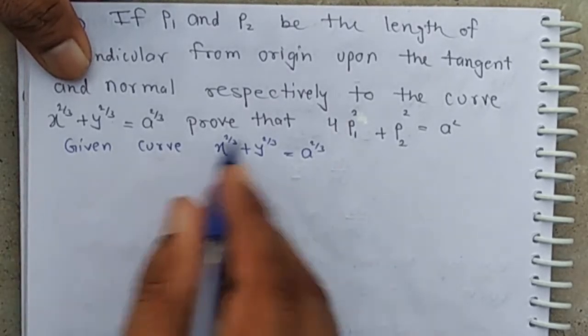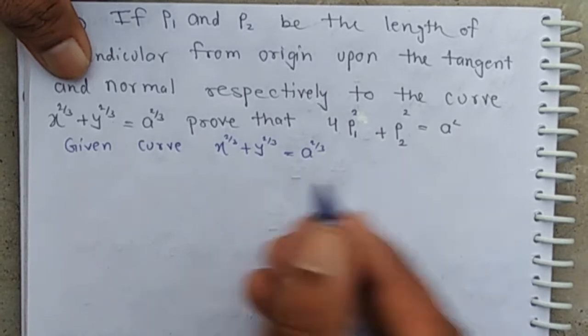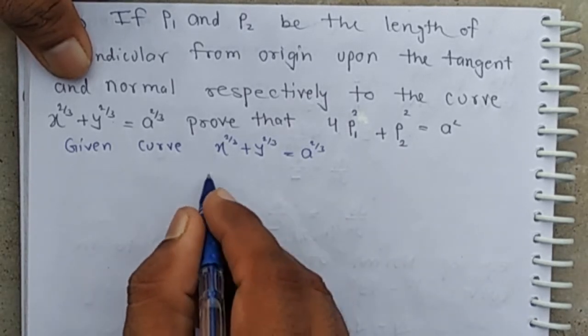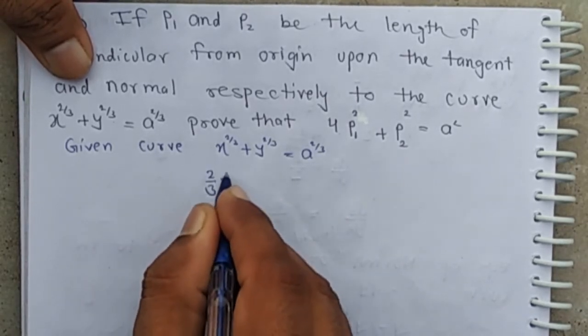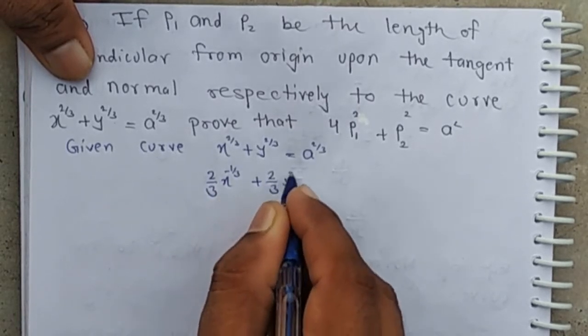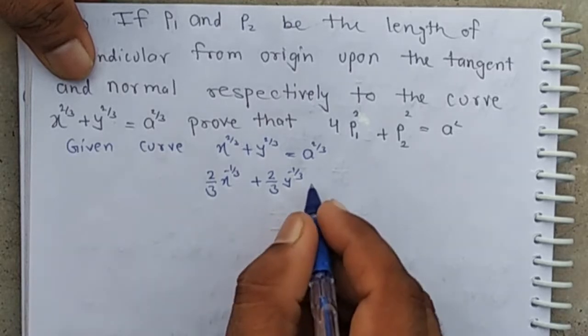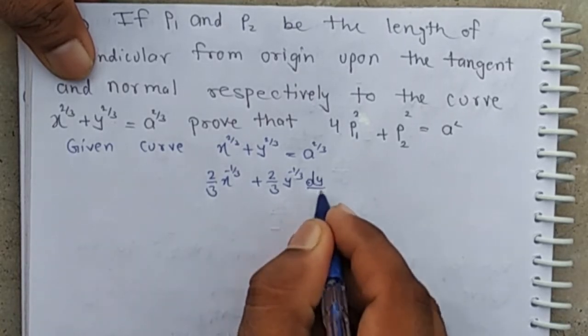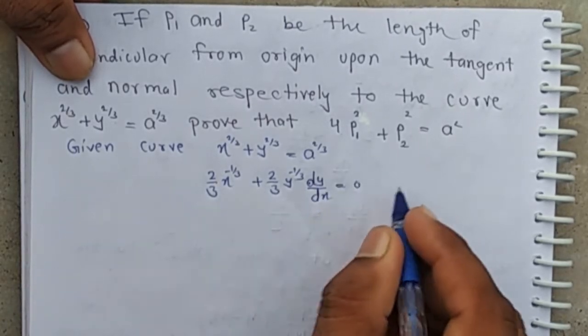Now we differentiate it with respect to x, we have 2/3 x to the power minus 1/3 plus 2/3 y to the power minus 1/3 dy by dx equal 0.